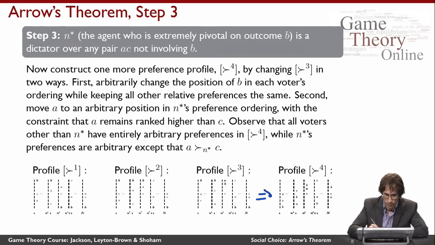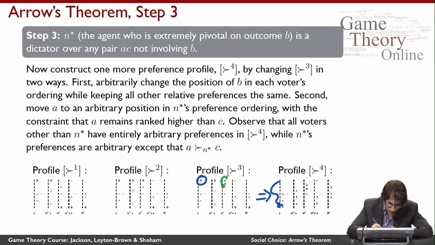So we're going from pref3 to pref4 by taking B and just sticking it somewhere else. But we're not going to move around any of the other relative preference orderings. Secondly, we're going to move A to an arbitrary position in n star's ordering with the constraint that A is kept higher than C.